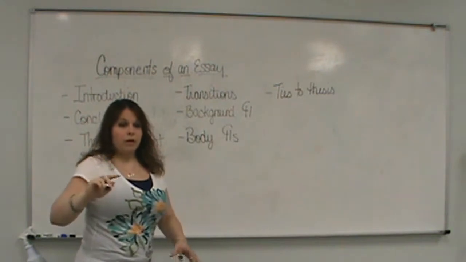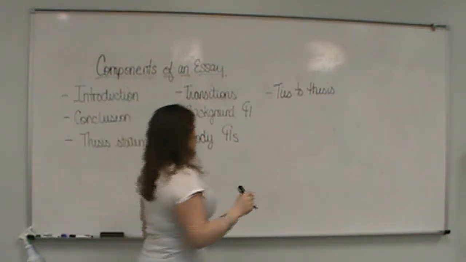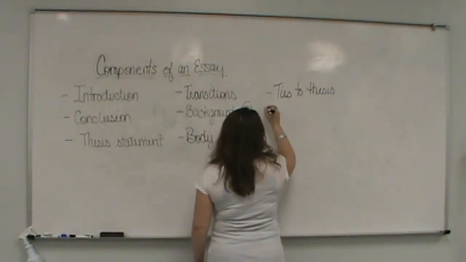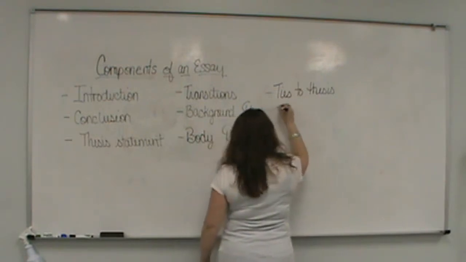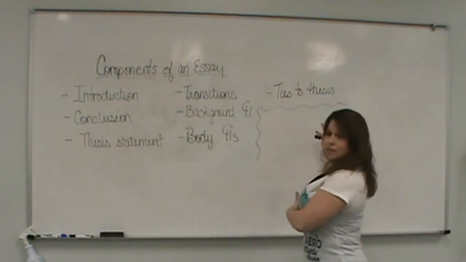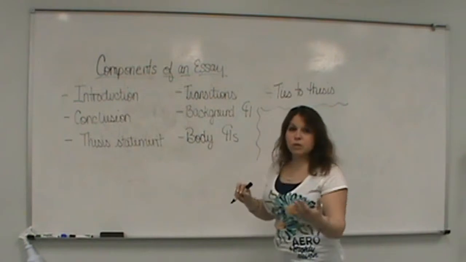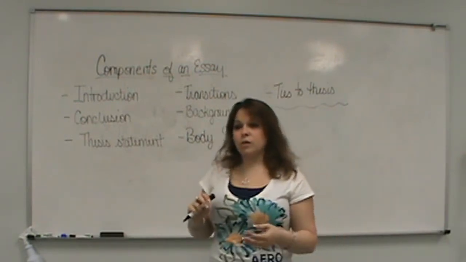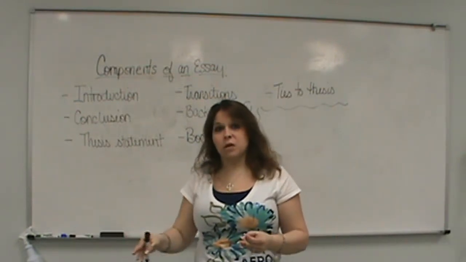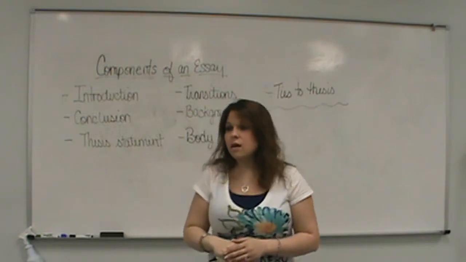If the paper is one that you're doing research for, so I'm going to draw a little squiggly, because these are kind of separate. So if you're doing a paper that requires research, so the persuasive essay, that's the very last paper of this particular class.